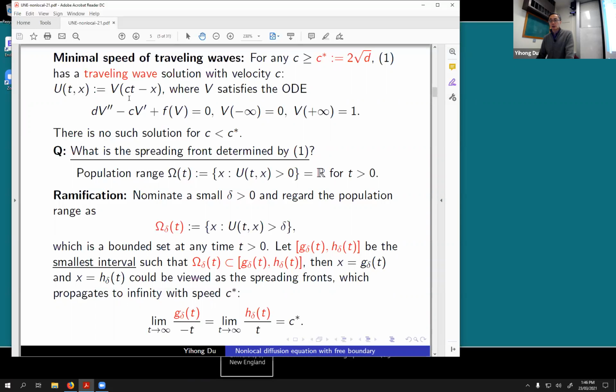And when t increases, you can see the profile shifts in one direction with the speed c. And this C star is called the minimal wave speed. You have a continuum of traveling waves with speed greater than or equal to C star. And this is the minimal wave speed, and they predict this is the spreading speed.